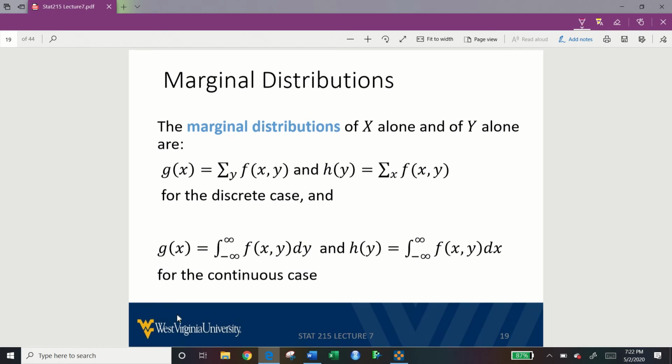The marginal distributions of x alone and of y alone are g of x equal to the summation over y of f of x comma y, and h of y equals the summation over x of f of x comma y for the discrete case. And g of x equals the integral from negative infinity to infinity of f of x comma y dy, and h of y equals the integral from negative infinity to infinity of f of x comma y dx for our continuous case.